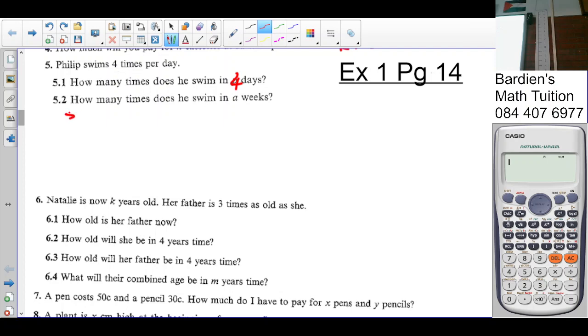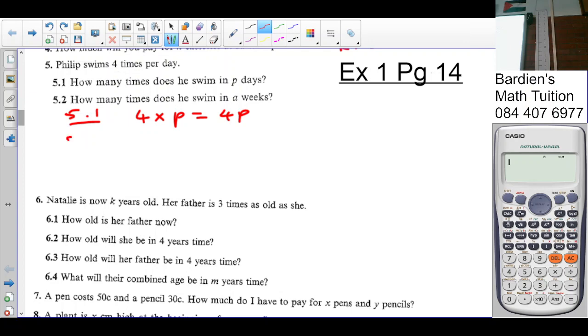So, since they're asking how many times does he swim in P days, it's 4 times P, which is 4P times. Okay? You guys understand? Where that P, that X, that A, whatever, can be any number. Not so.